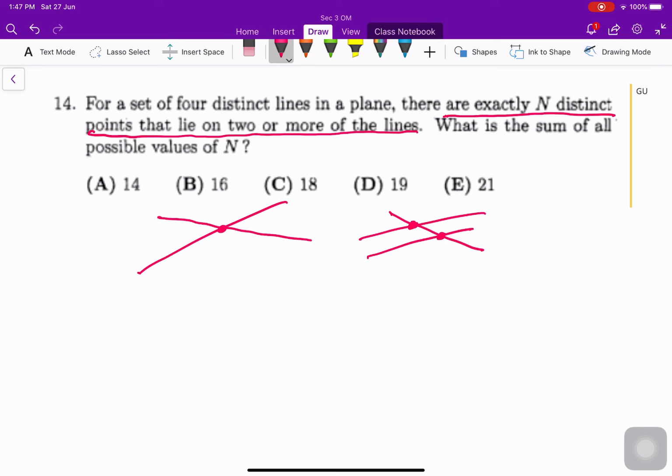The maximum number of intersections is 4 choose 2, and in this case there will be 6 points. Therefore basically we are looking for the various possibilities. For four lines, the maximum number of intersections is 6.